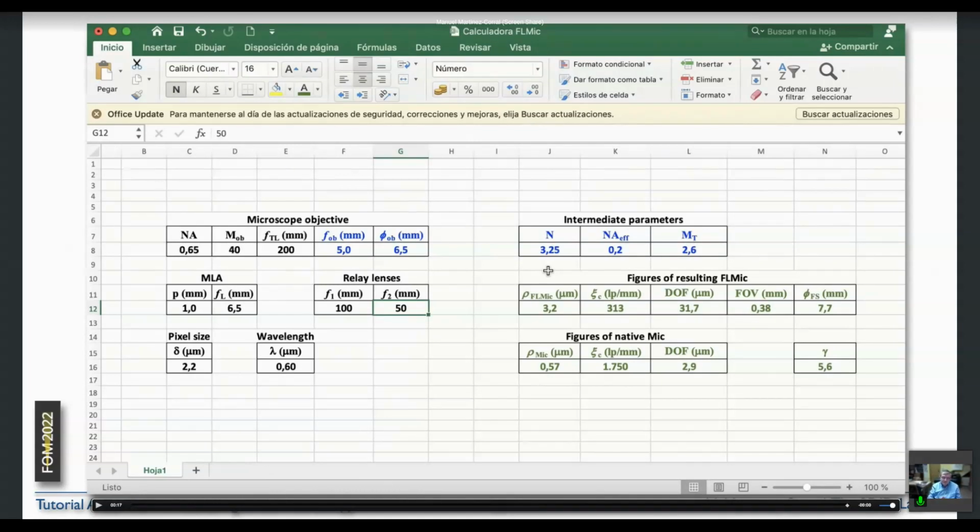Or you can work in such a way that everything is fixed, you only change this, and then you have a range in which n is moving, for example, from 3 to 5. Because n smaller than 3, at the moment we do not recommend. Some authors have tried with 1.5, but at the moment we do not recommend.